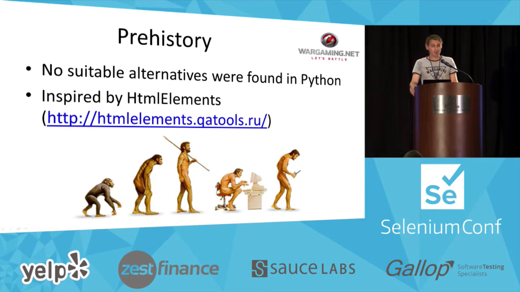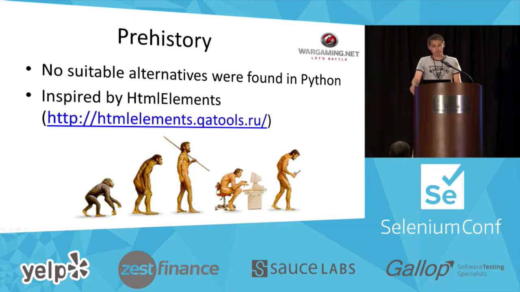So there are a number of implementations. There are a lot of articles. There are a lot of talks related to implementations in Java. For example, I personally have worked a lot with Java before Wargaming.